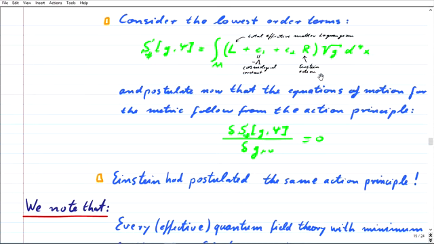Remember, before we had the quantum effective action, before we added these terms, that equation was simply saying that the energy momentum tensor is equal to 0. But now we have those extra terms. Now it's going to say the energy momentum tensor is equal to something, namely to the derivative of these terms with respect to the metric.